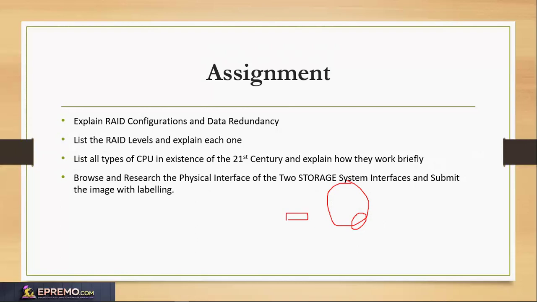Then you list the RAID levels and explain each one. Then you also list all types of CPU in existence in the 21st century and explain how they work briefly. Then finally, browse and research the physical interface of the two storage system interfaces, as we have discussed, and submit their images with labeling.